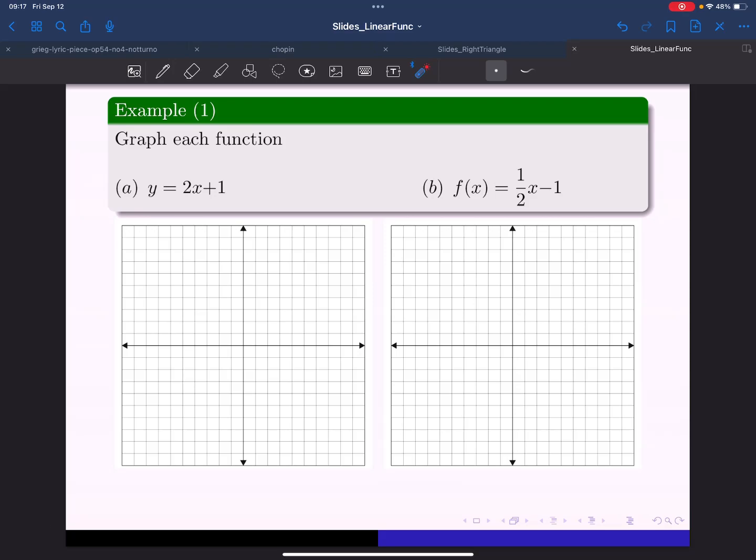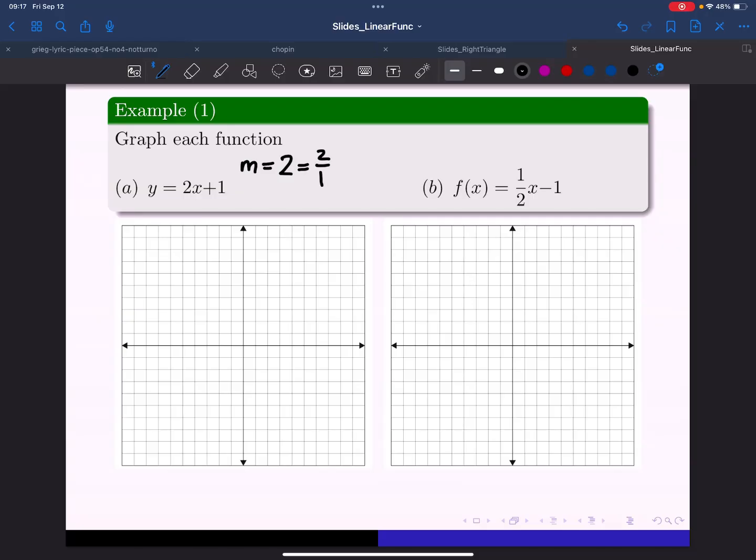Example 1. Graph each function. Y is equal to 2x plus 1. So we need to identify what my slope is. My slope is the number standing by x, so in that case it is 2. We can write this as 2 over 1.